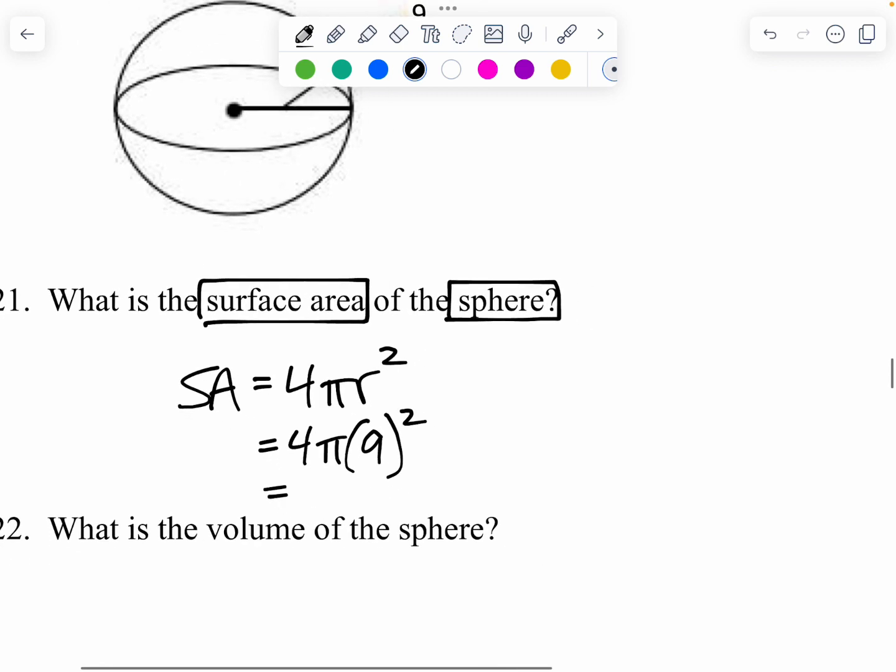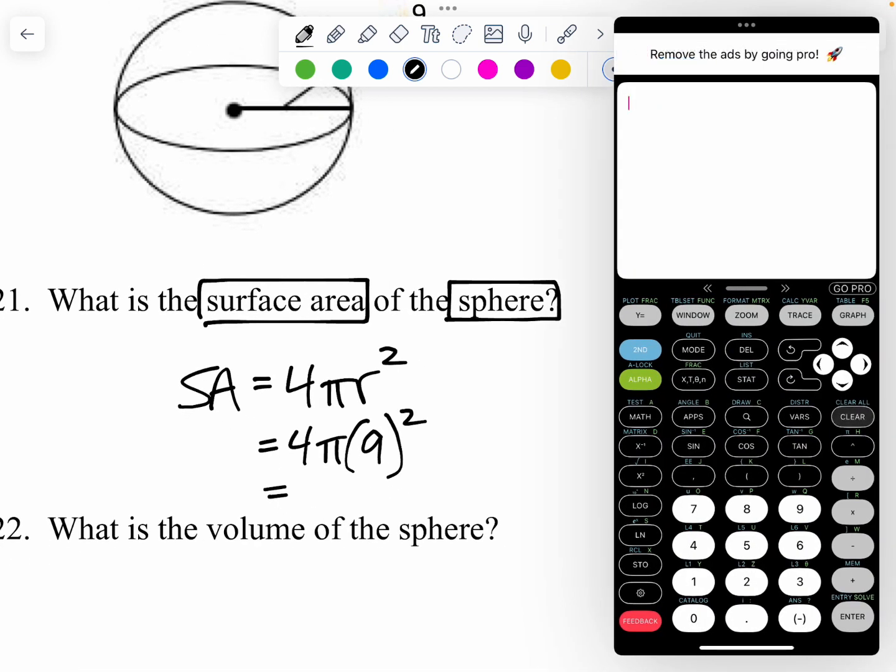How do I actually type that into the calculator? I'm going to do 9 times 9, because that's the 9 squared. You always start with the exponent. And then I'm also going to multiply by 4. And it's 324 pi.